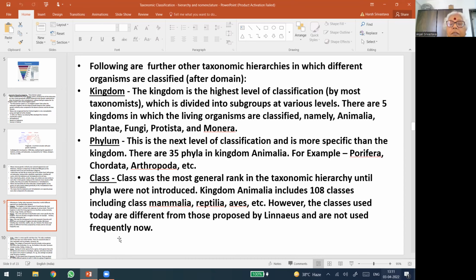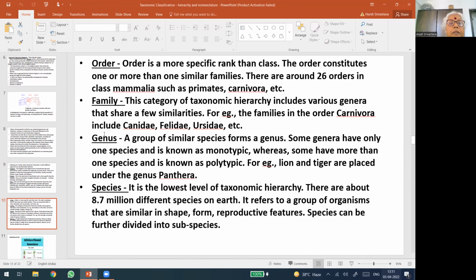This is considered the most general rank in the taxonomic hierarchy until phyla were introduced. Altogether, in Animalia only, there are 108 classes, including class Mammalia, Reptilia, Aves, etc. These are the examples. Then after the class comes the order, which is a more specific rank than class.